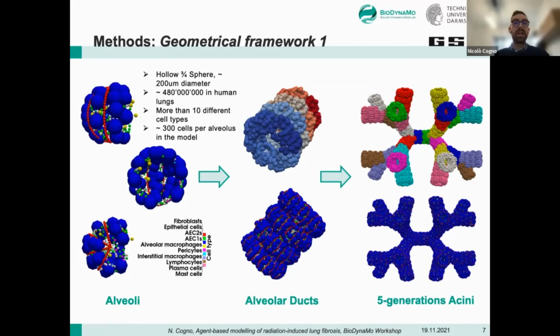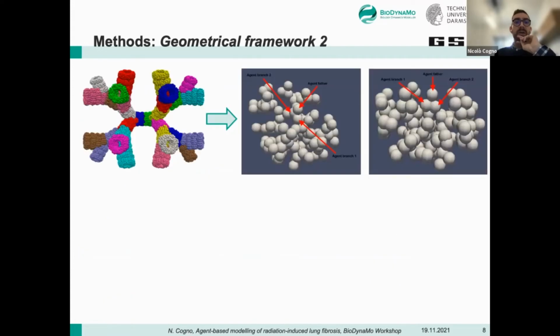And so basically I put together multiple alveoli to get these cylindrical structures, and then with multiple alveoli, I assemble the acinus.